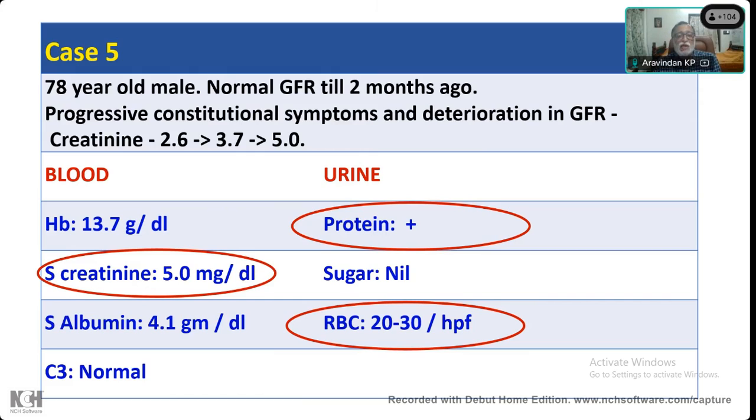Two months ago, the normal GFR was there. And now, progressively deteriorating GFR in a very short period. So, this is not a primary glomerular kind of disease. It doesn't seem to be a glomerular injury.